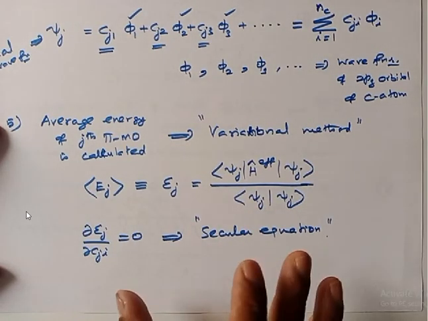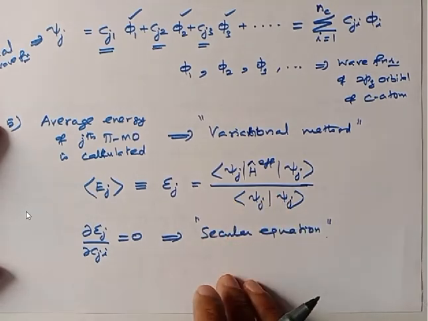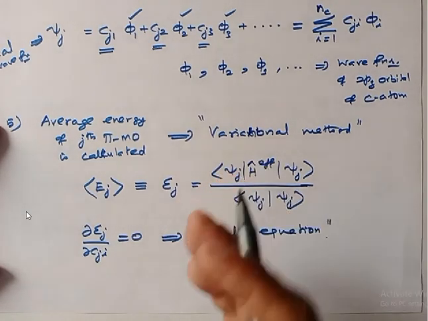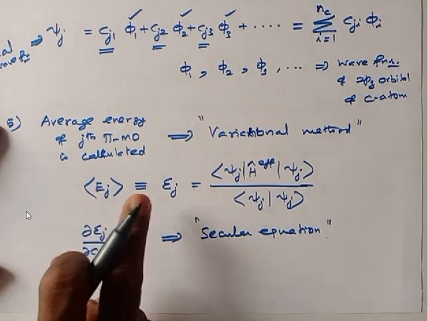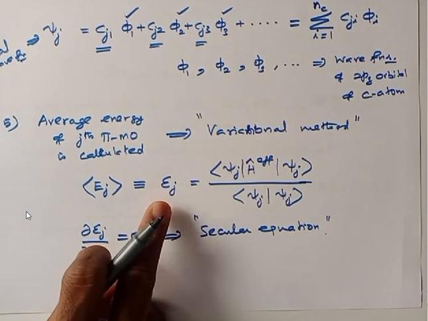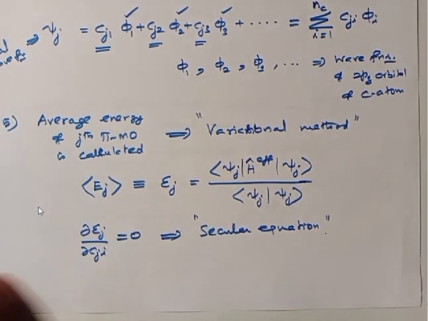Then after knowing the secular equations, we can use matrix algebra to find the average energy of the jth molecular orbital, and we can also get the coefficients. Those things we'll discuss in the next lecture. I stop here. Thank you.